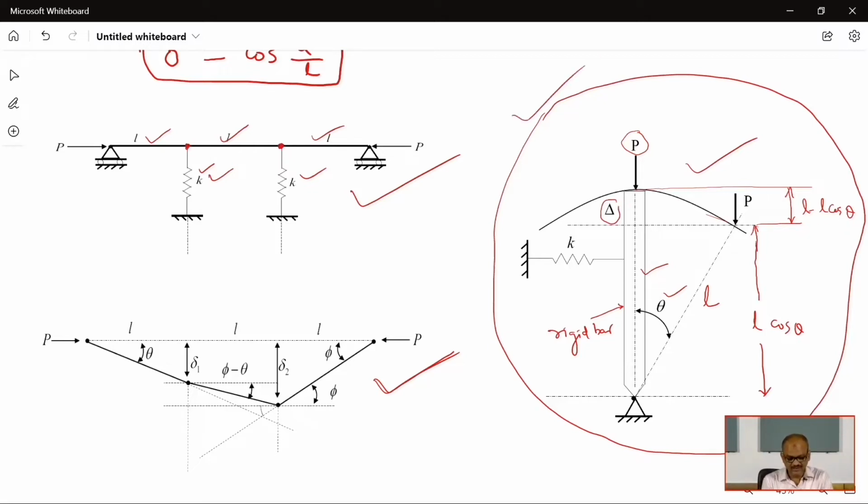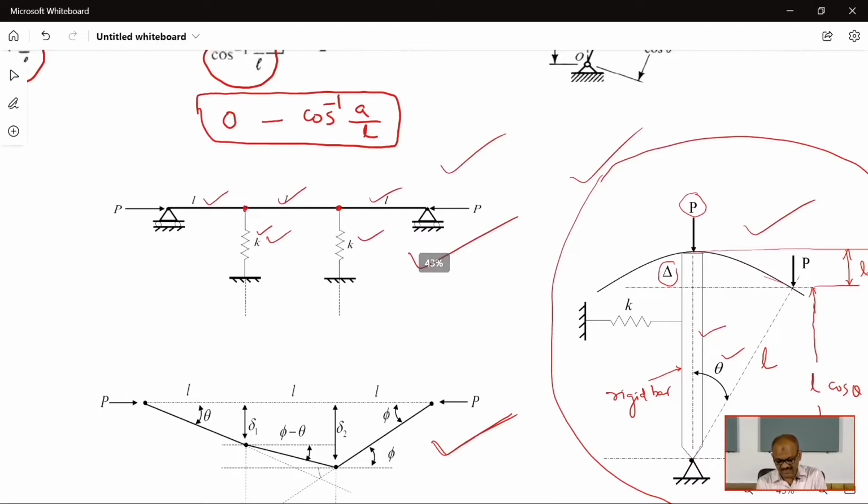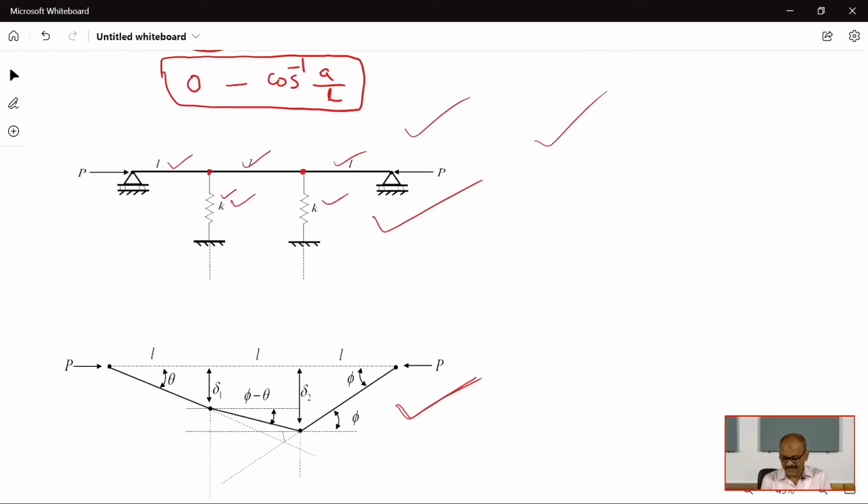Here we understood that when any rigid bar gets rotated by angle theta, the load descends by L minus L cos theta, which means the work done will be P multiplied by L minus L cos theta, and that will be the external work done. Similarly in this case, there are 3 bars, so there will be rotations. For each rotation the load will descend, and accordingly we can calculate the external work done.